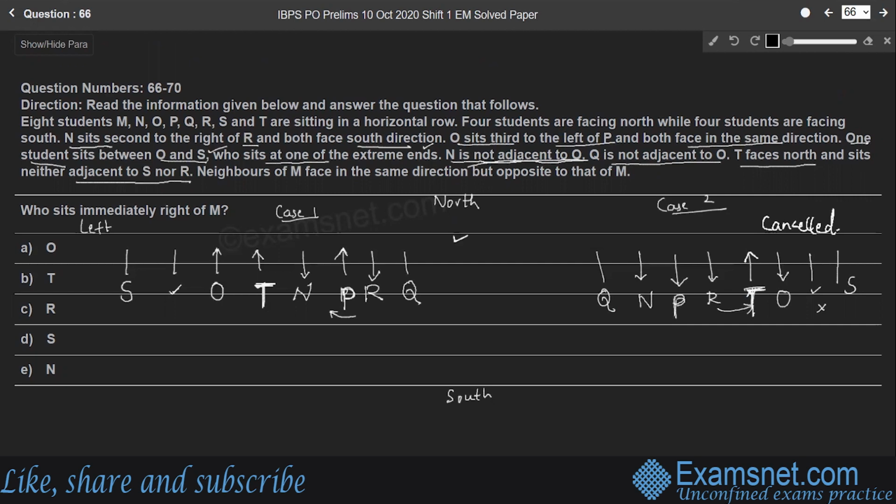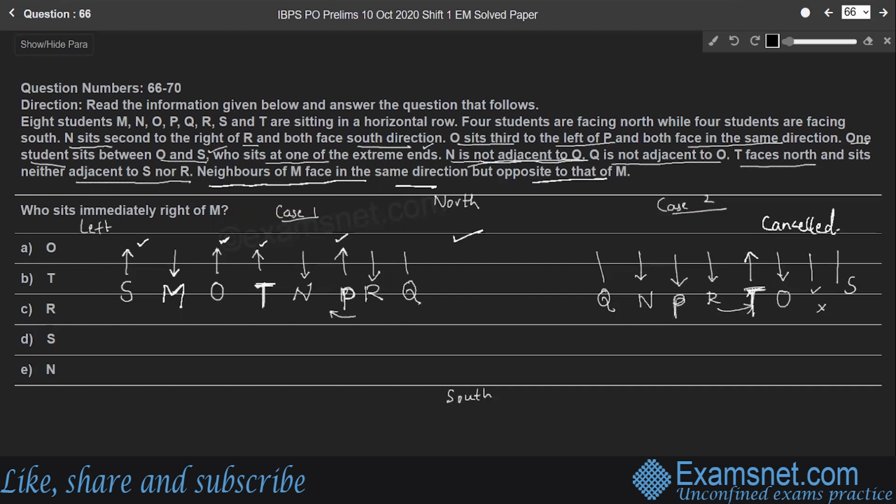So consider only case 1. So neighbors of M face in the same direction. So only the leftover place is here, for M. So neighbors of M face in the same direction. Since O is facing north, S has to face north, but opposite to that of M. Therefore, direction of M is south, right? So totally there are 4 people facing north.